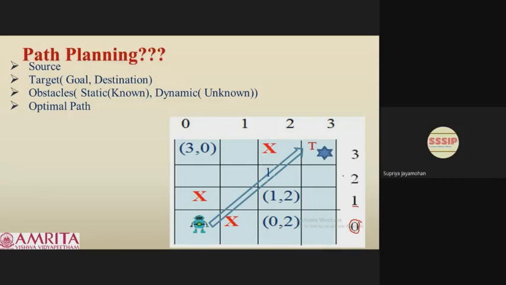Then this is going to be the second row. And this one is your last row. Actually, we call it 1, 2, 3, 4. But in robotic terminology, we generally start the numbering from 0. So the final one is going to be 3.